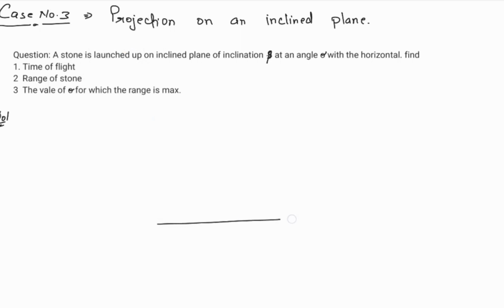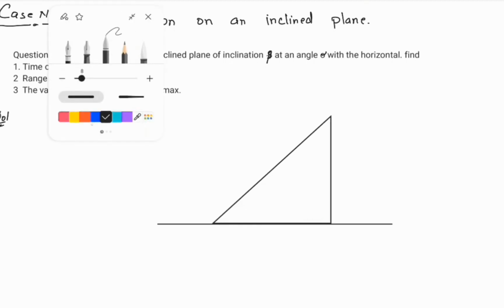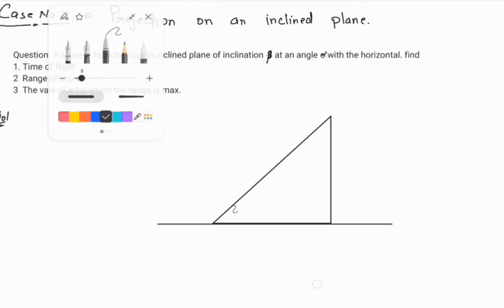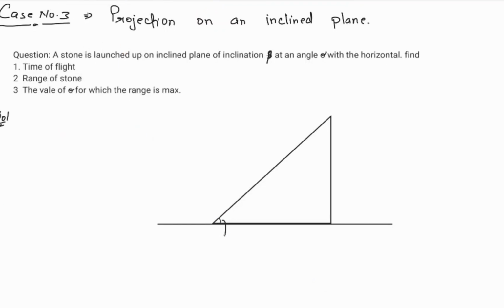Let us consider this is a flat surface and we are having one inclined plane like this. The angle of inclination of the plane is beta. This angle is beta.